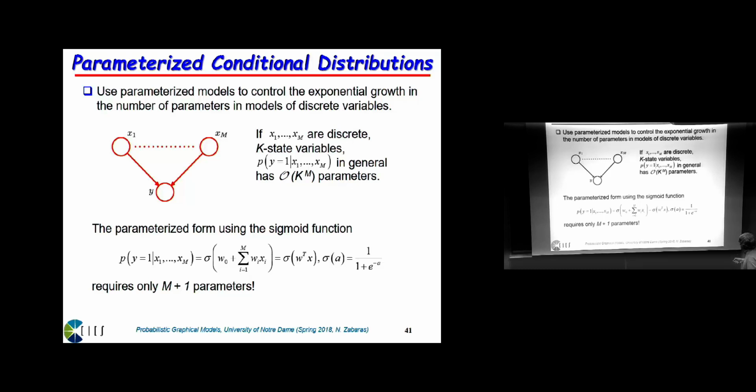So basically what you say is, I'm going to model this as a sigmoid function, where I'm going to use some linear interpolation of the x's with some unknown parameters w. So no complicated graphical models, conditional distributions or anything like that. And the only unknowns here are the w's, and I only have m plus 1 w's.